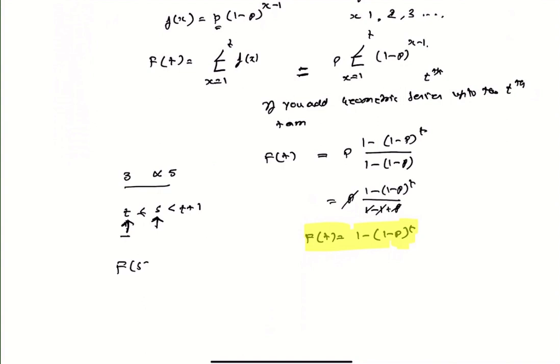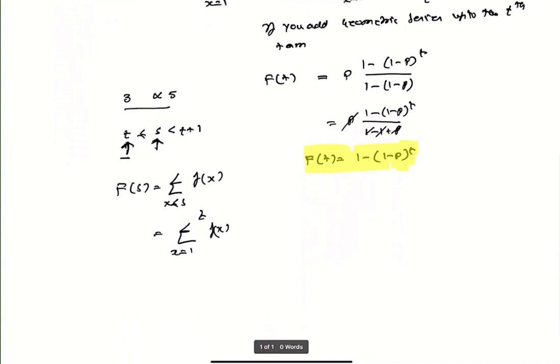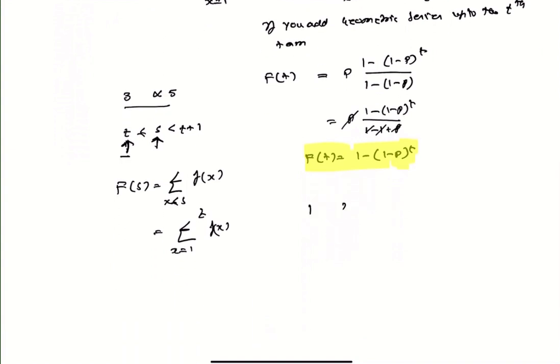So F(s) is going to be the sum of all the values of f(x), x equal to 1 up to t, not t plus 1, even if it lies between t and t plus 1. So if it is between 1 and 2, then it will be the CDF of 1. If it is between 2 and 3, then it will be the CDF of 2.